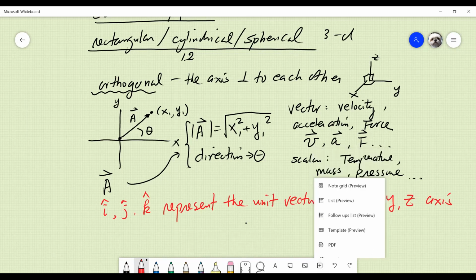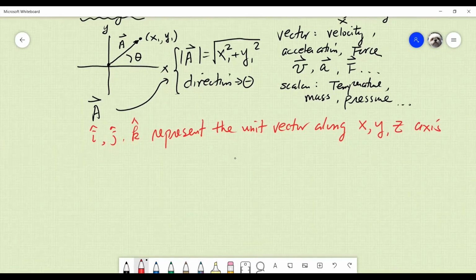Okay. Sir, what's a unit vector? Like, how is a unit vector different from a normal vector? Now, a unit vector means it has a magnitude of 1.